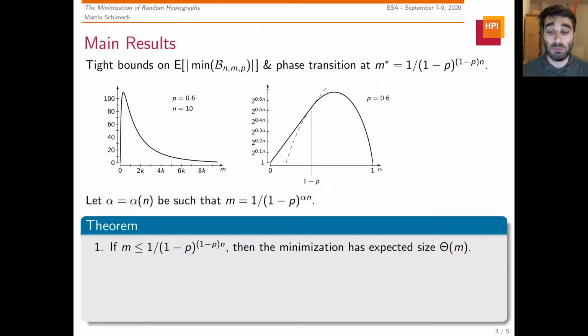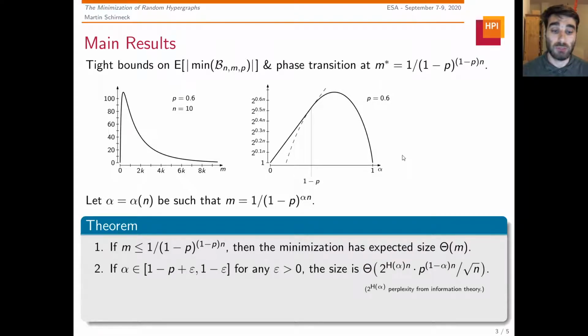In our paper, we also give a closed form for the intermediate ranges between 1 minus p and 1. It's of this form. It uses the perplexity from information theory together with this correction term, which essentially states that in this area, the growth is even slower than what you would expect from the pure perplexity.